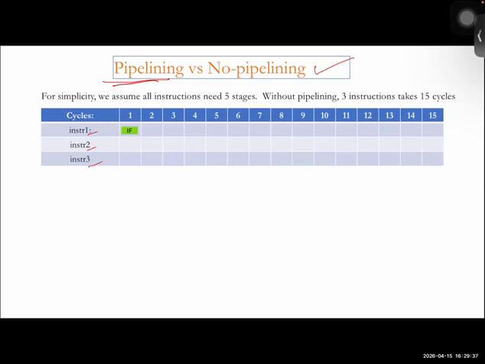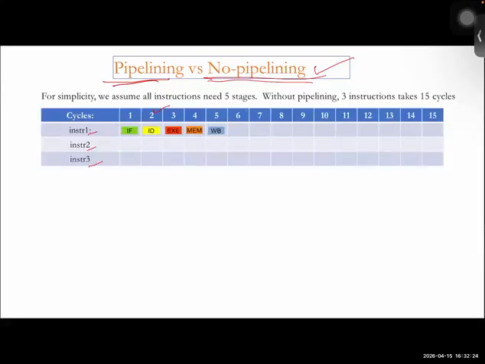Then in the second cycle, the first instruction goes through the instruction decode stage. Then in the third cycle, the instruction will be executed. In the fourth cycle, the memory data may be read or written. And in the fifth cycle, the result will be written back into the register file.